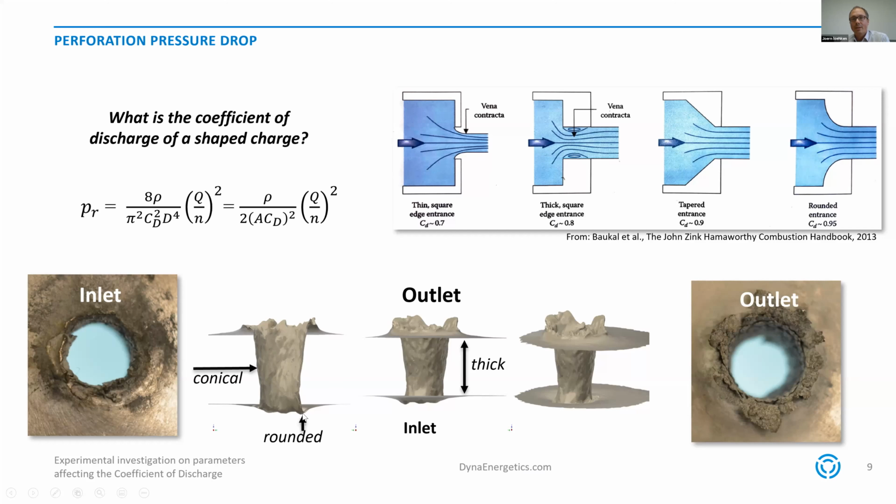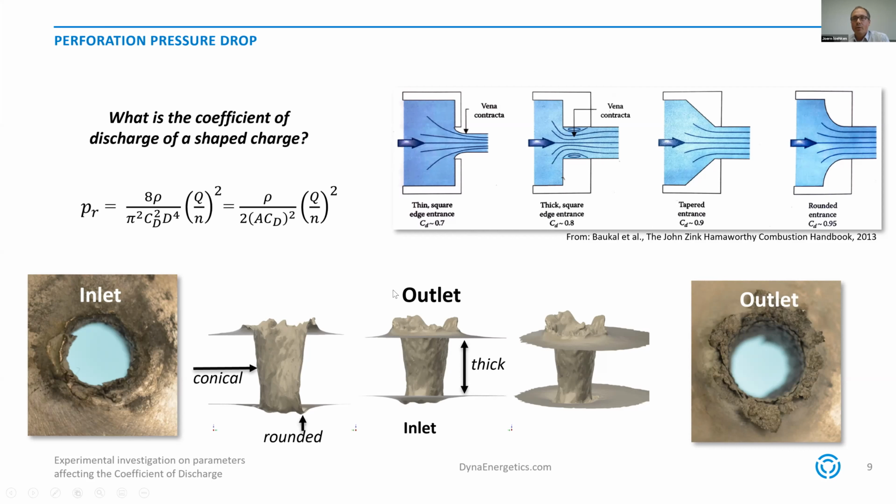And on the inlet side, you can see the perforation is slightly rounded. The shape is not cylindrical, it's conical. And in relation to the diameter, it's also relatively thick. So actually, a perforation has something from all these examples. And so it will be interesting what is the right choice for the coefficient of discharge.